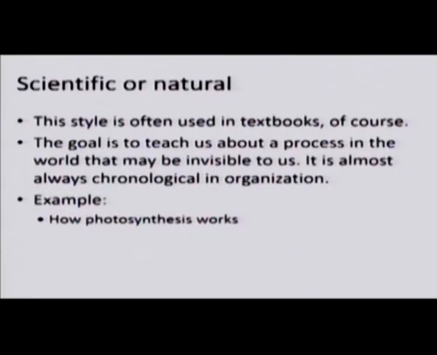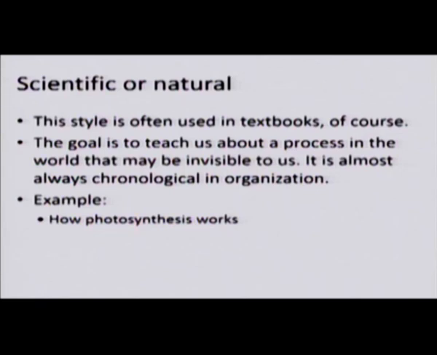Okay. We move on to the third type, scientific or natural. This is often found in textbooks. The goal here is to teach readers about a process in the world that we may be unfamiliar with, or have very little knowledge about.